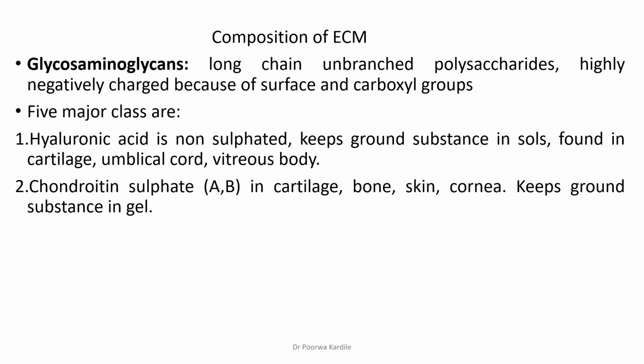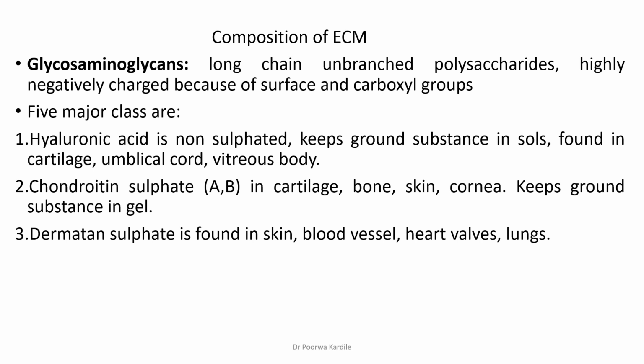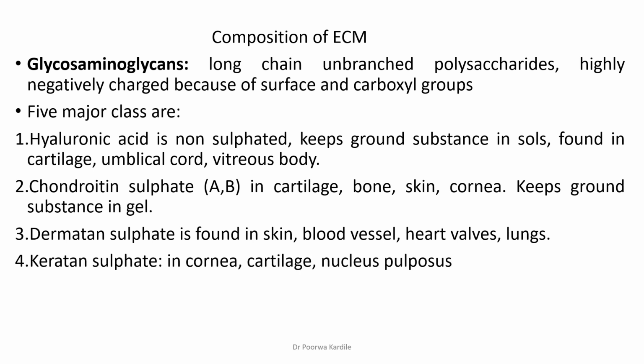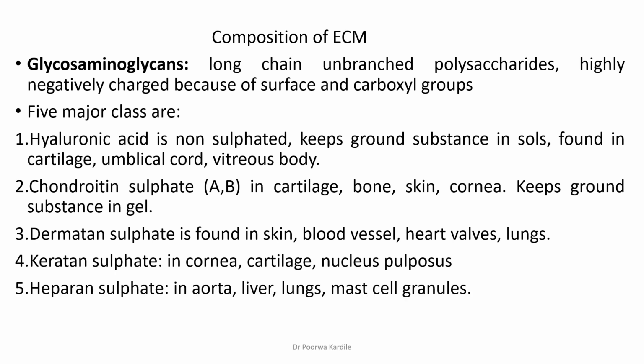Then chondroitin sulfate is present in cartilage, bone, skin, and cornea. Dermatan sulfate is present in skin, blood vessels, heart walls, and lungs. Keratan sulfate in cornea and cartilage. And heparan sulfate is present in the aorta, liver, and lungs, and also in the mast cell granules.